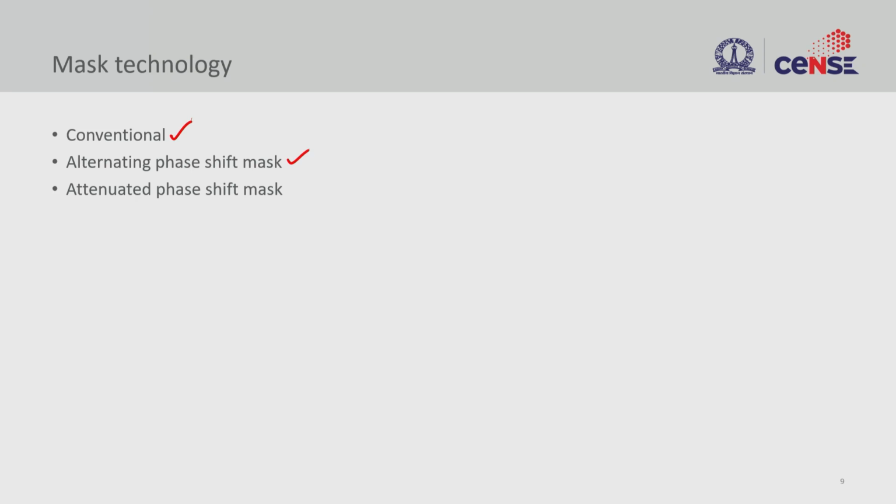That means you don't use any chrome, so the alternating intensity patterns are given by just the phase shift alone. The attenuated phase shift is where we use chrome, or we can use partially transparent material as well. So these are all the technologies that we use in the mask in order to improve your resolution.